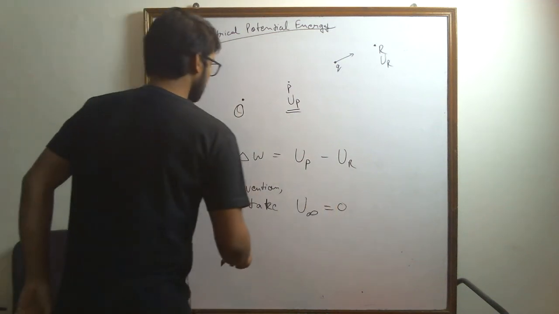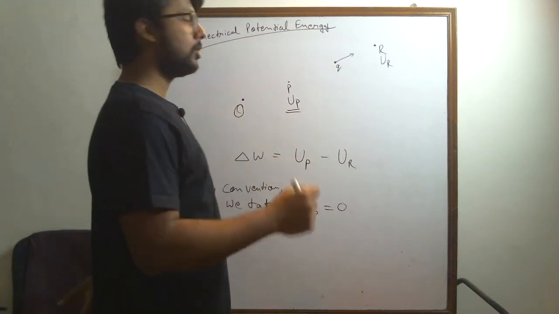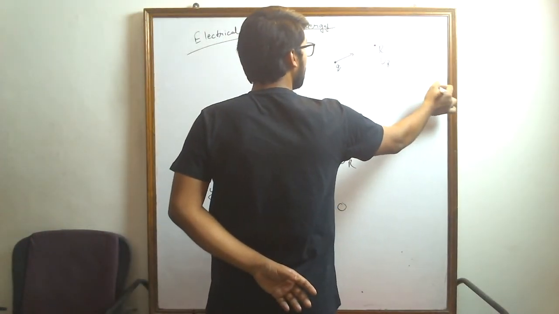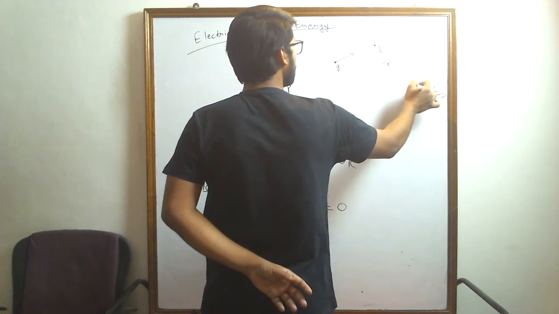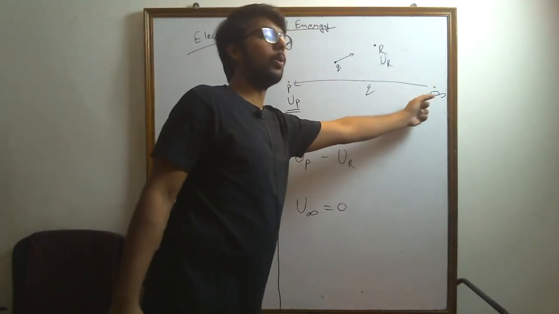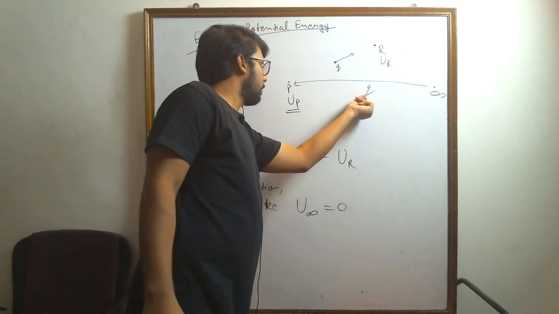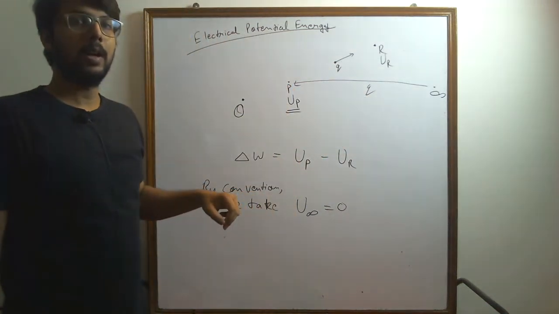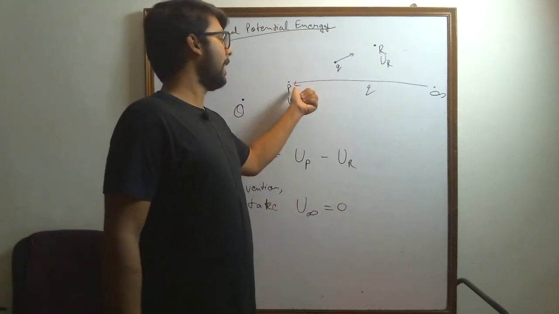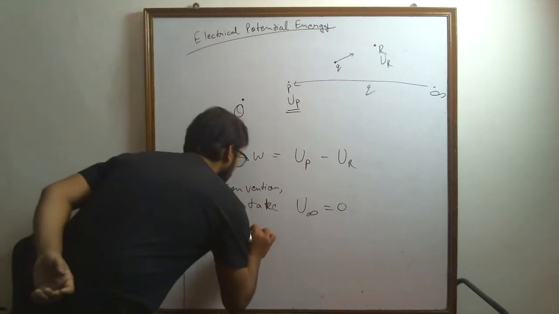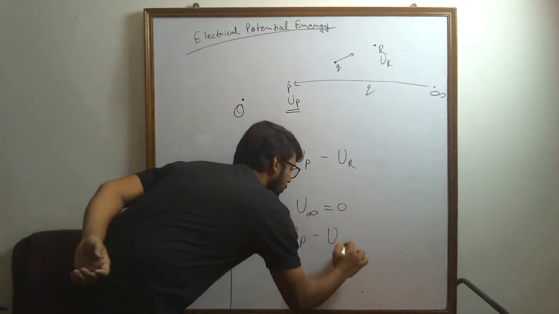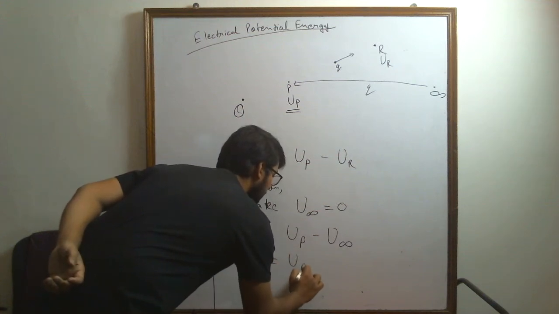So now, when we are talking about the potential energy of a single point P, what we are saying is that we have brought the test charge q from infinity, where it was 0, and we've slowly pulled it to get it to point P, and that is the potential energy that is getting stored in q at point P. Okay, so delta U is equal to UP minus U infinity, which gives me UP.